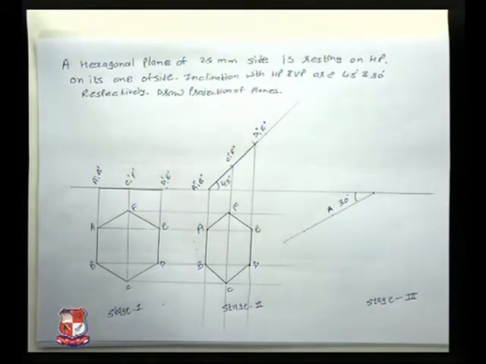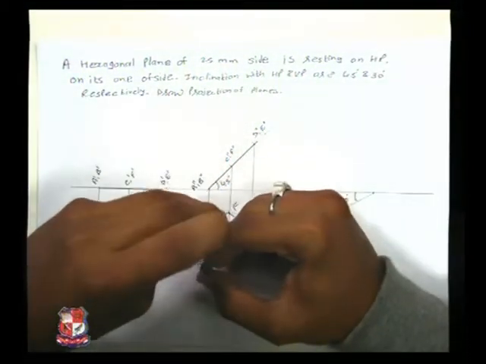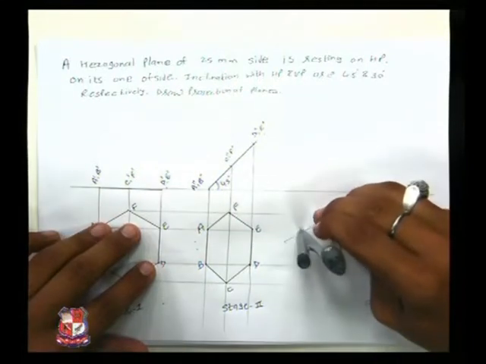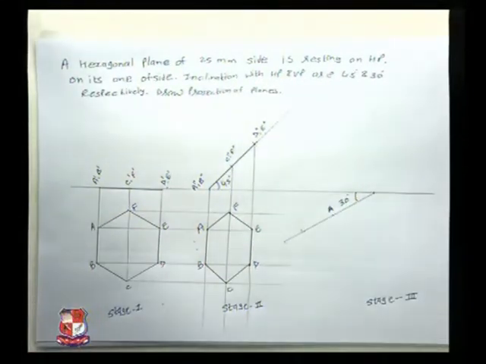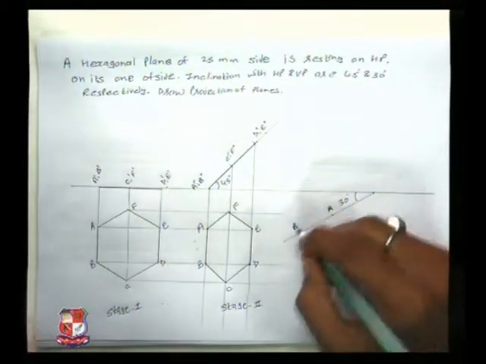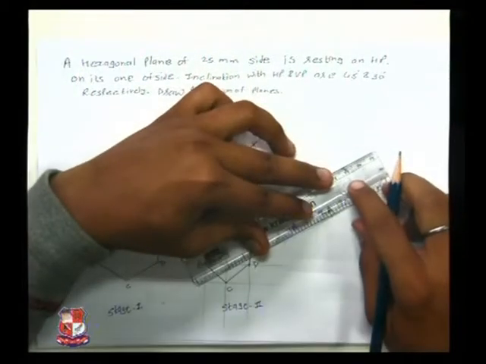With reference to this, I will put another point B. We have found the side AB.